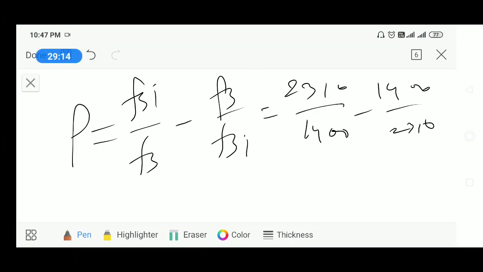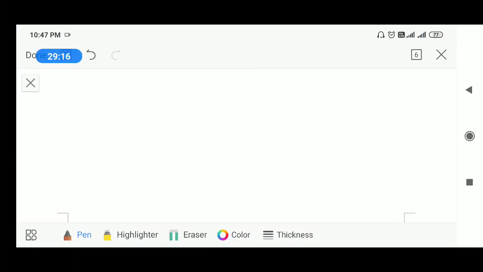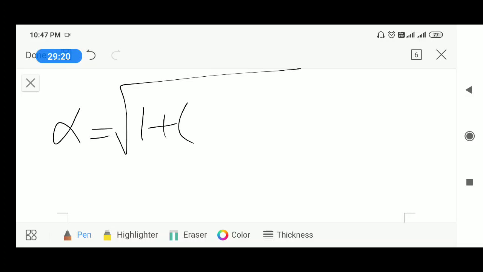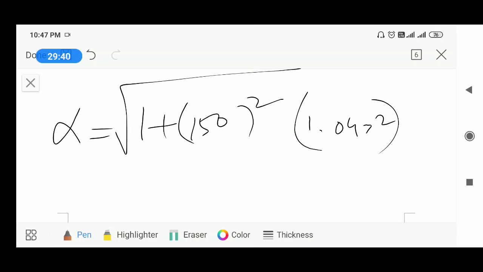I will substitute. Alpha is equal to the square root of 1 plus q square, 150 square, times rho square, not plus, 1.043 square.